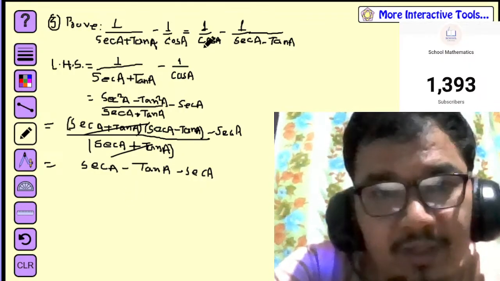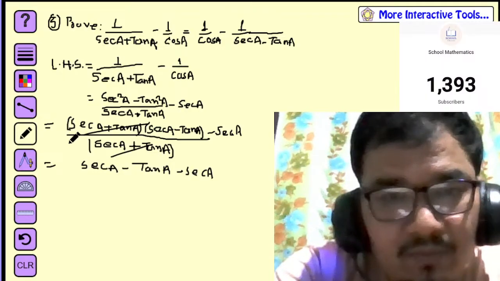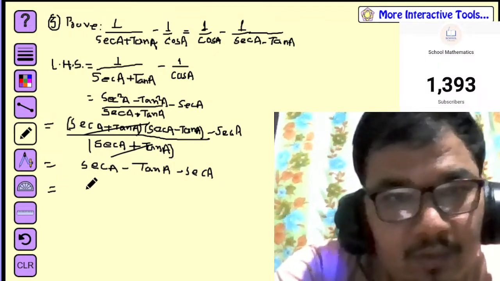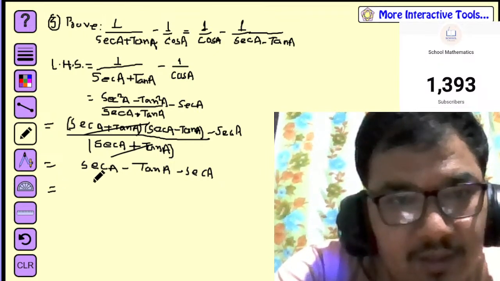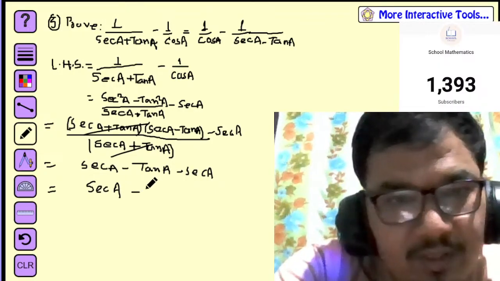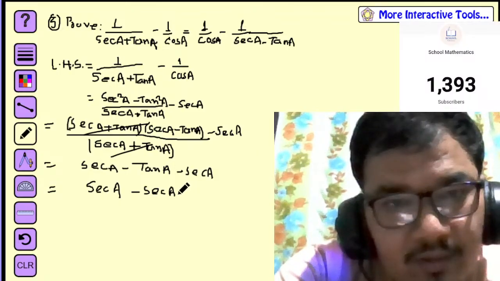Our result is to bring 1 by cos a, so in the next step we can write like this: this sec a means the same. Now we can put this sec a here like this. Look, children, sec a negative one first, and next there is tan a minus tan a, right?